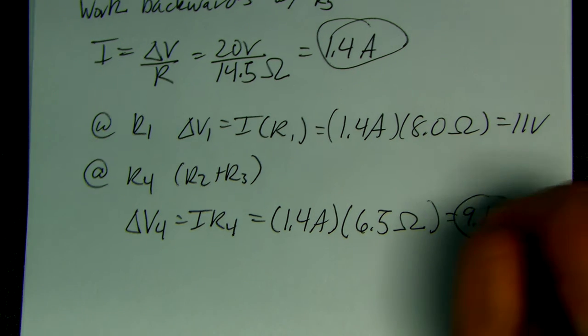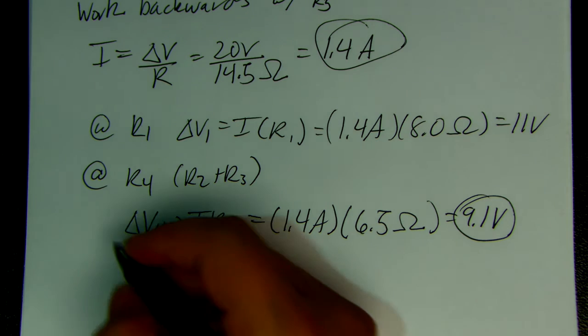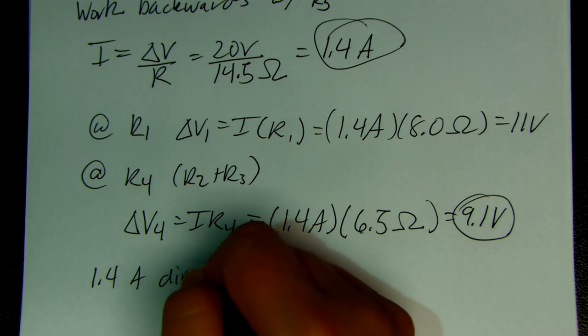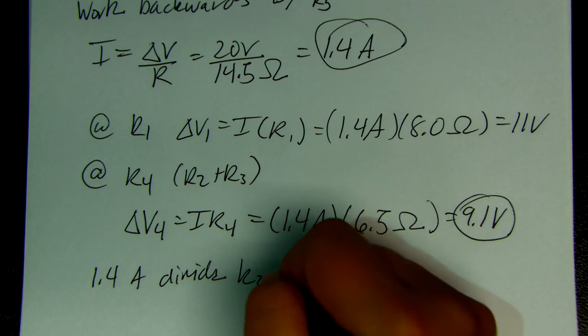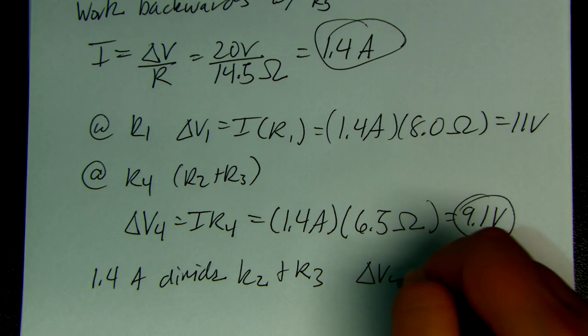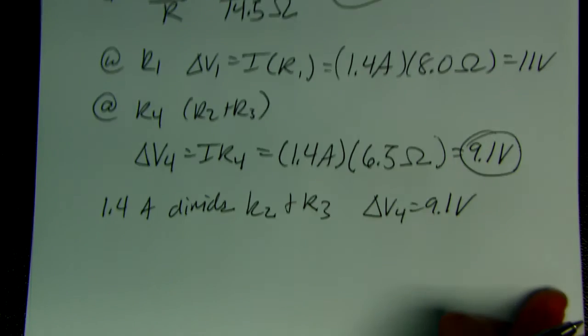Now, this is going to be the important one for what comes to follow. So 1.4 amps divides between R2 and R3, and that delta V, 9.1 volts, will stay the same over that total section.